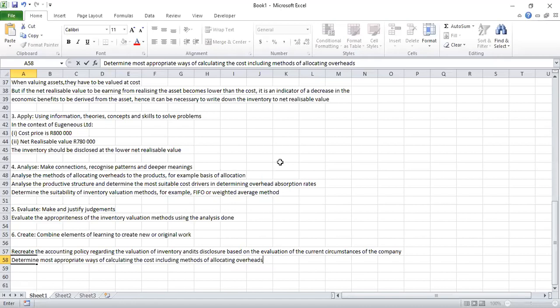We are now going to use ABC, because it seems as if the traditional method is giving us an arbitrary outcome. So I've carried out the cost benefit analysis, and I've seen that the more accurate results that we shall obtain from ABC will far outweigh the cost of implementing ABC. So it is very important that our overheads, when determining the cost of inventory, should now be allocated using activity-based costing.